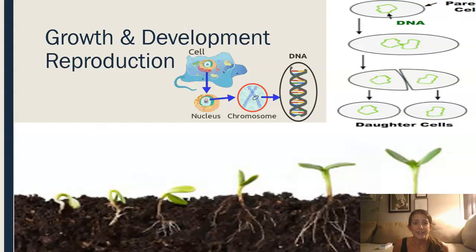Even after this point, once you become an adult, you still continue to grow and change. There's a whole field and subcategory of biology called epigenetics, which talks about how the environment has an impact on expression, which is basically just your body developing, how your genes are expressing those traits that you have.